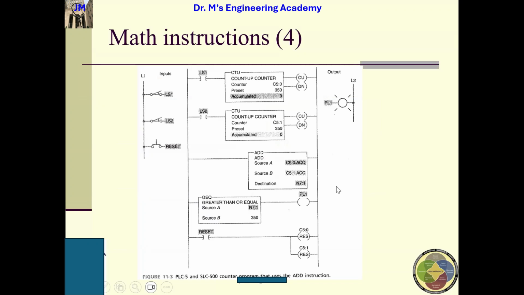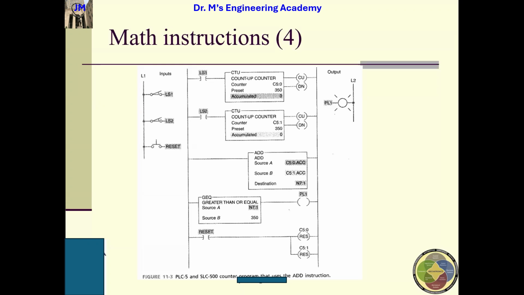If this one is pressed, CTU is triggered, and the preset value is 350. If LS2 is triggered, another CTU counter is triggered, also 350. Then we add these two together, source A and source B, the ACC value of counter 1 and the ACC value of counter 2, and put the sum into this destination.